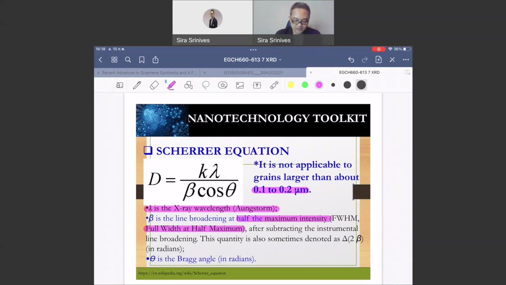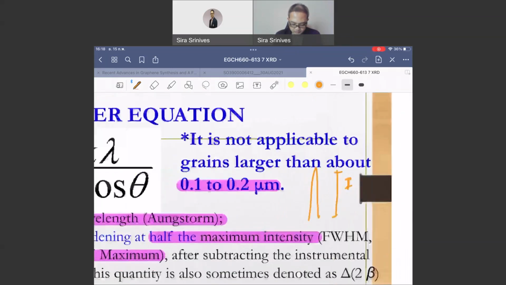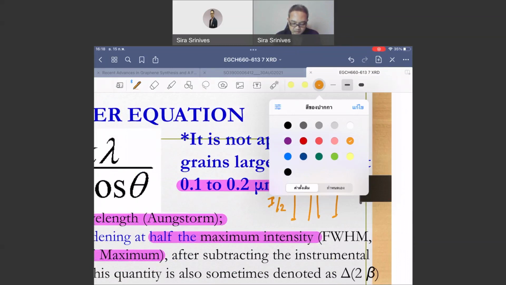So if your peak is sharp and tall, it has a high intensity. Take the height, the intensity I divided by 2, and from that position, you monitor the width of that peak.